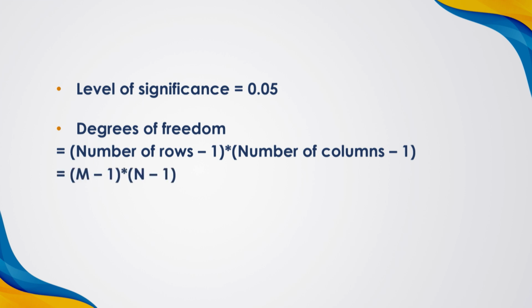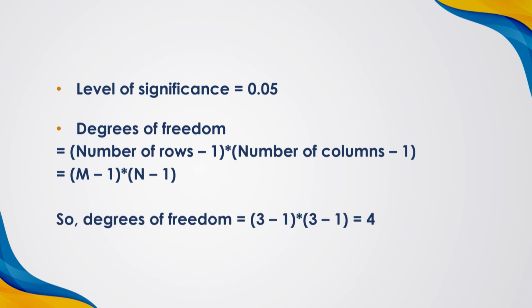You have (m minus 1) into (n minus 1). You can see over here that you have 3 different categories of employees and 3 different categories of soft drinks. As you see, clerks, teachers, officers are the 3 categories for the employees, and drink A, drink B, drink C are the 3 categories for the soft drinks.